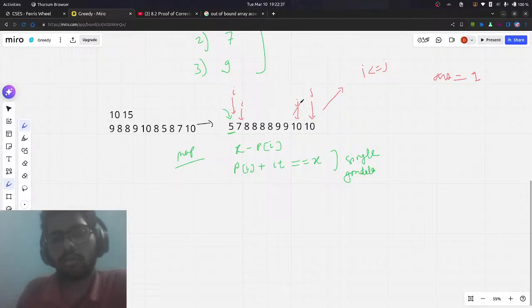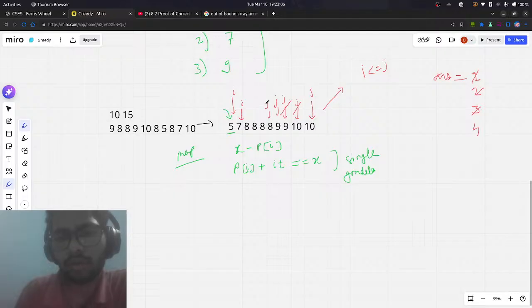So we will jump j here. So j is now here. The answer will be incremented to 2. Again, we will see that 7 and 9 are not less than or equal to x. So we will jump here. So it will be 3 now. We see that 7 and 9 again is not, so it will jump to 4.